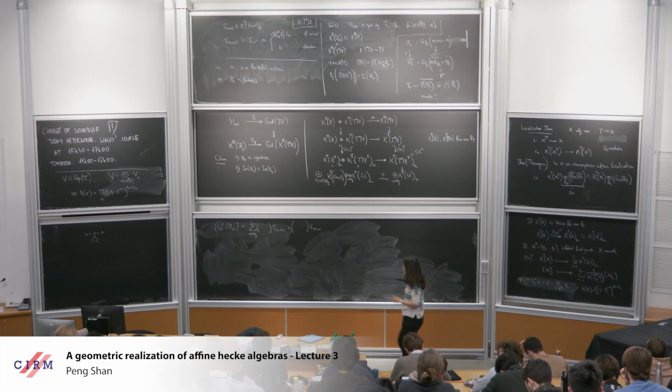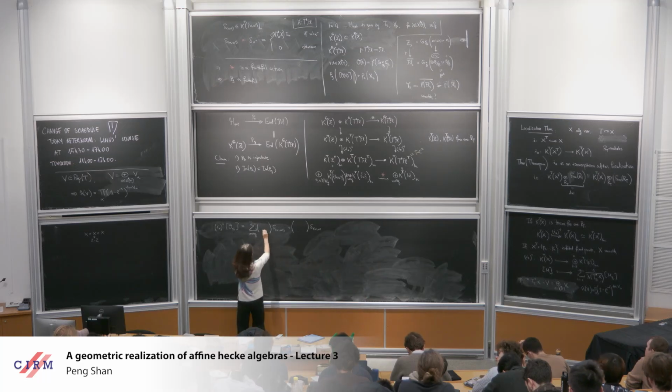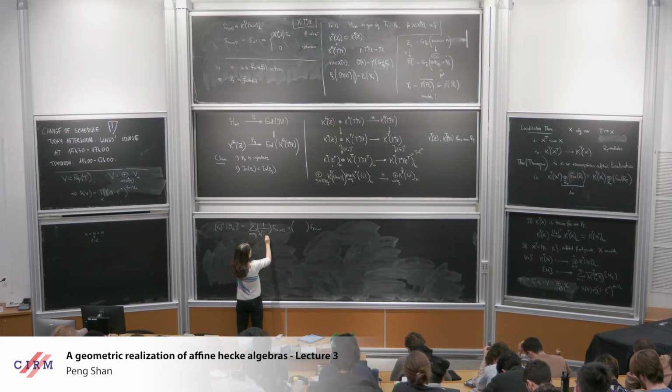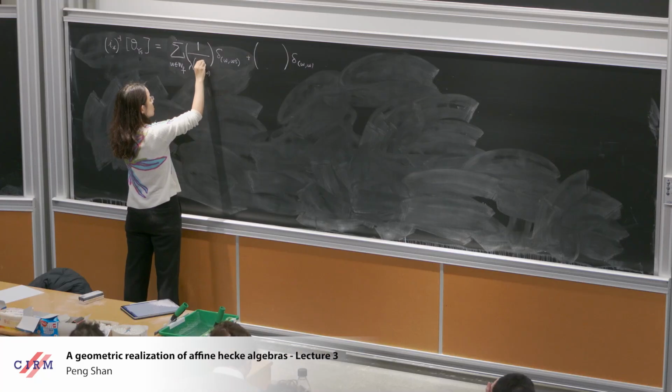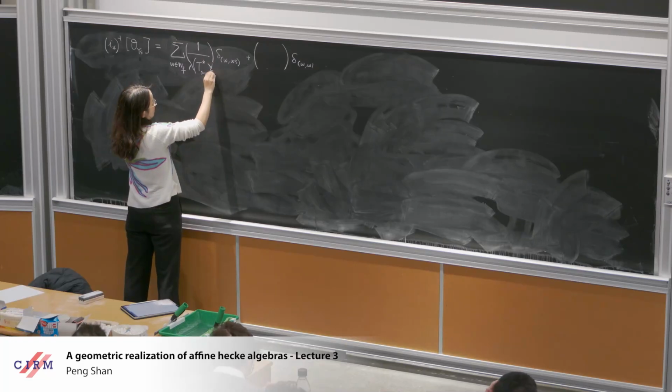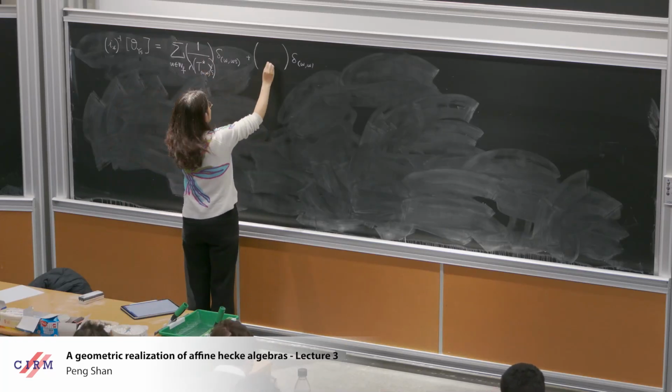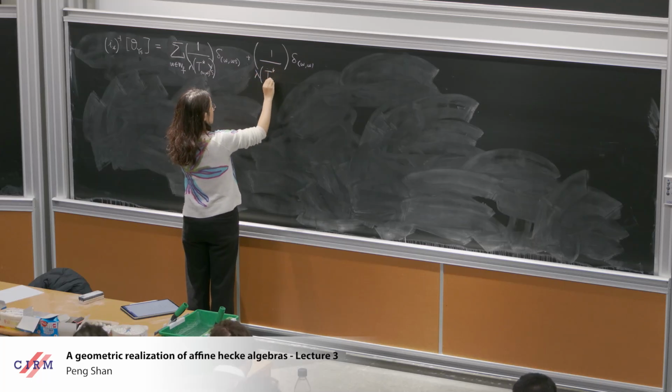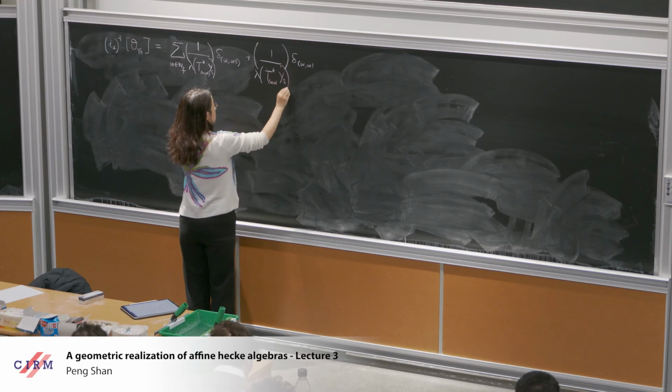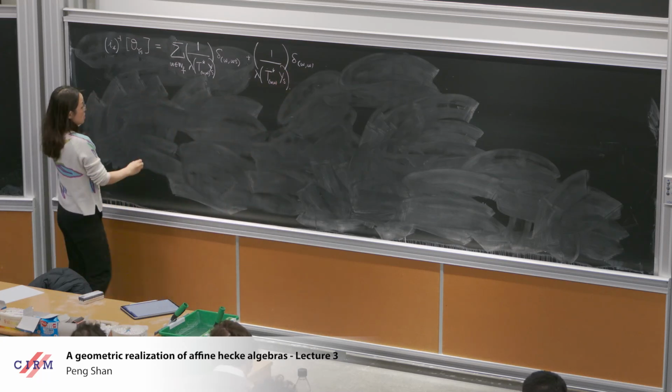So here this is the inverse of lambda of T star at (W, WS) of YS, and here I put lambda of T star at (W, W) of YS.